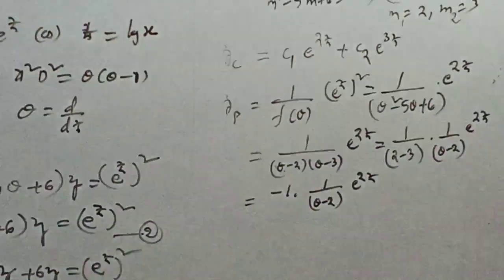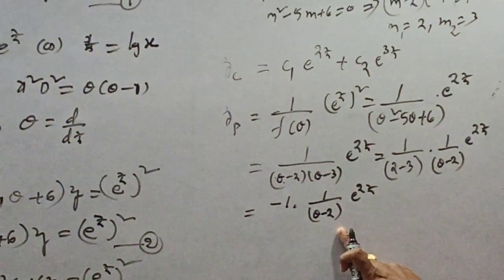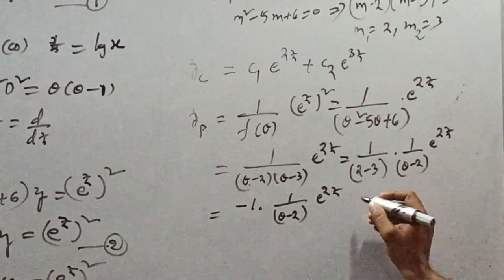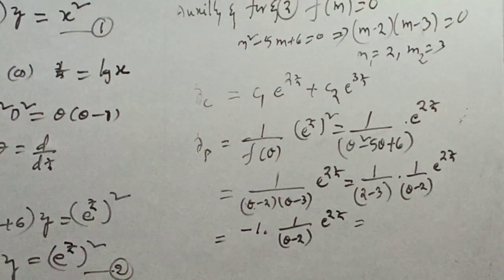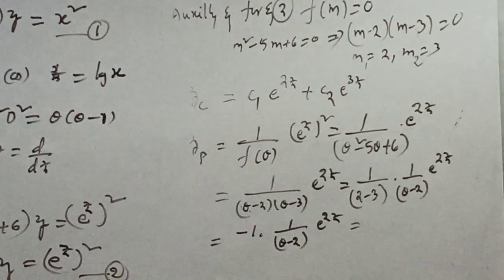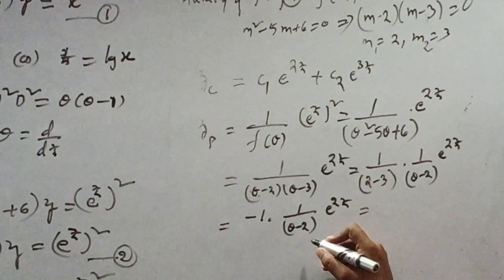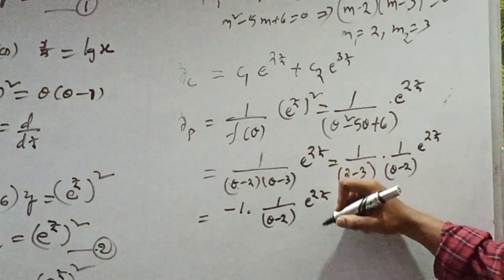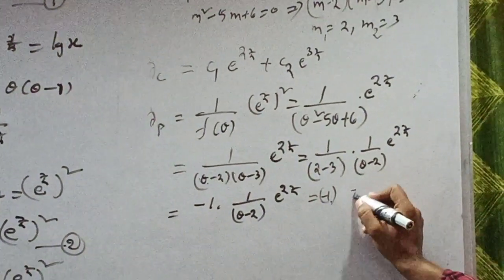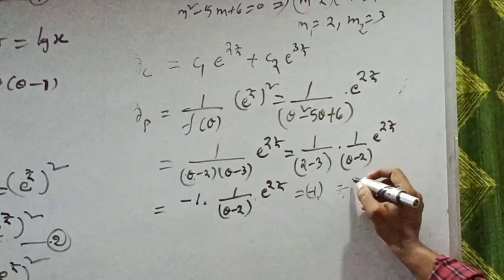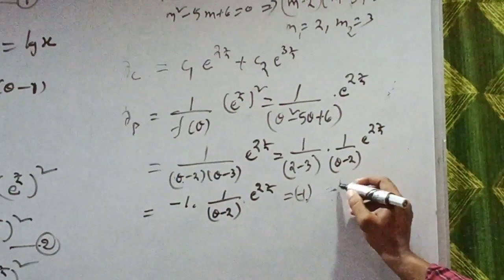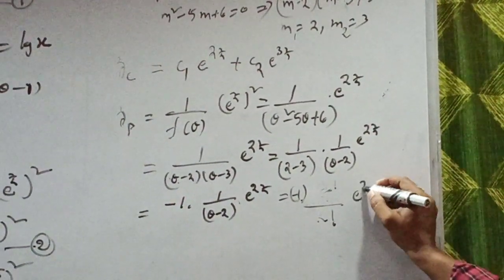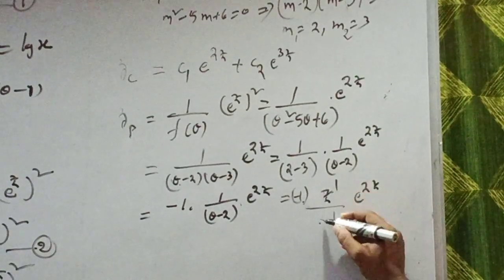Theta equal to 2 has multiplicity 1, so we use the power k form, where k equals 1. By the formula, this is equal to z power k by k factorial into e to the power of 2z, where k equals 1.